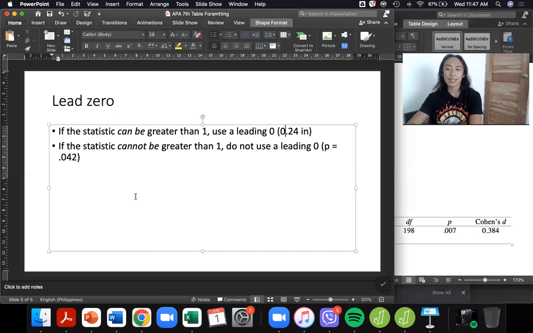However, if a statistic cannot be greater than 1, and we have a couple of those, for example, p-values, because the largest possible probability is 1, or for example, correlation coefficients, where the highest possible correlation coefficient is either -1 or +1, some standardized values, when you're dealing with those types of statistics, do not use a lead zero.